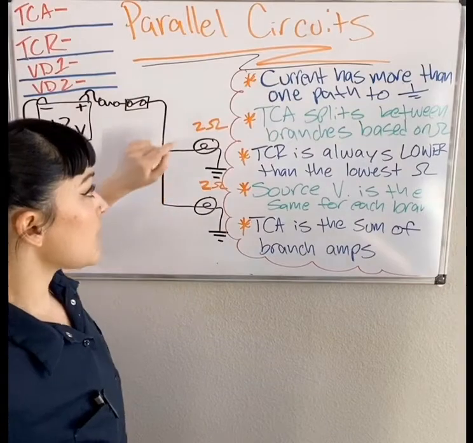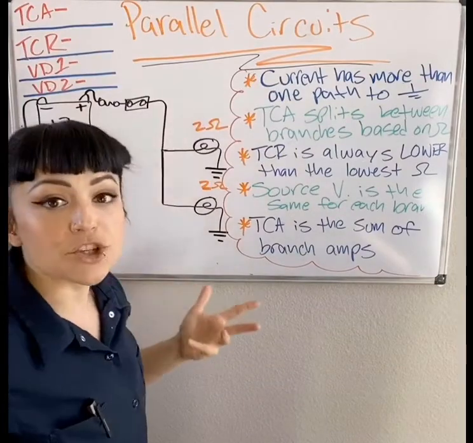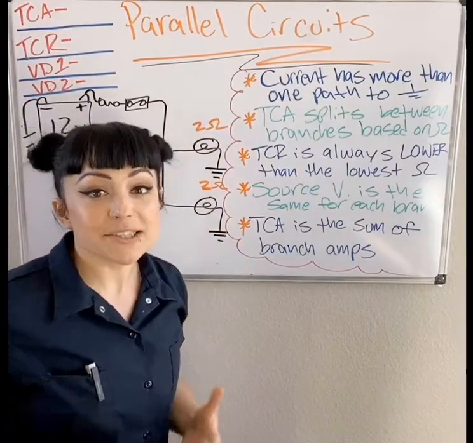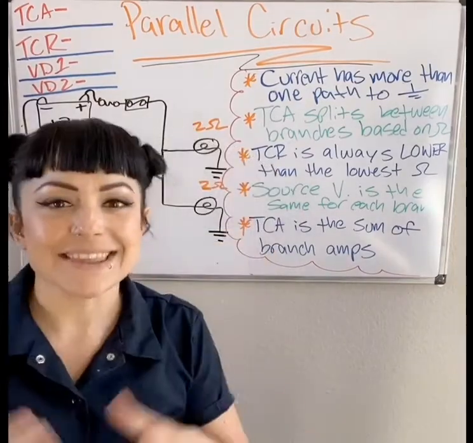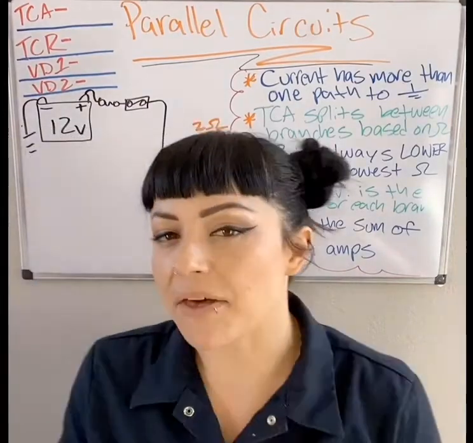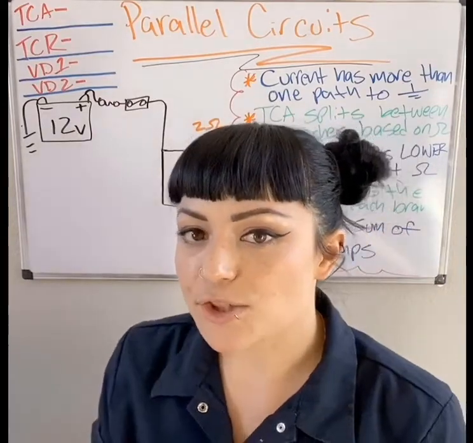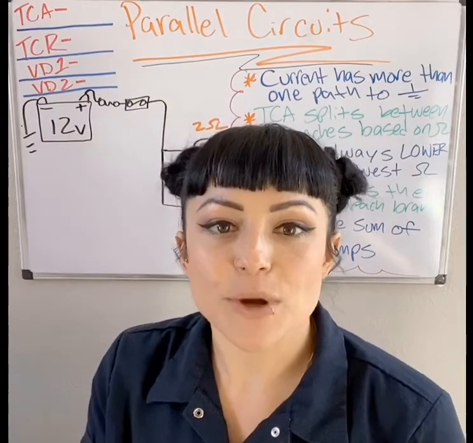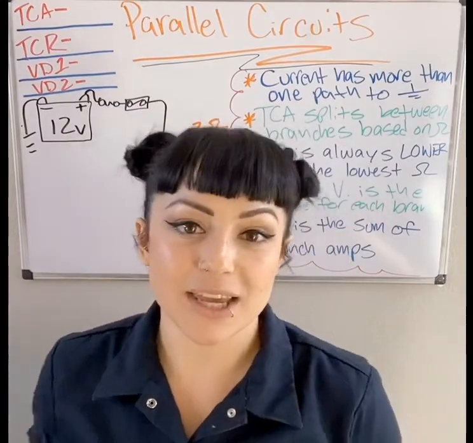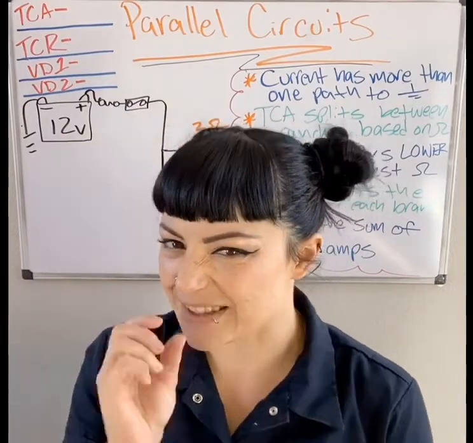So if these are 2 ohms each, it must be less than 2 ohms for the entire circuit. Electricity is lazy, and it will always choose the path of least resistance. And so the lowest resistance part of the circuit is going to determine the amperage for the entire circuit in a small chunk there.